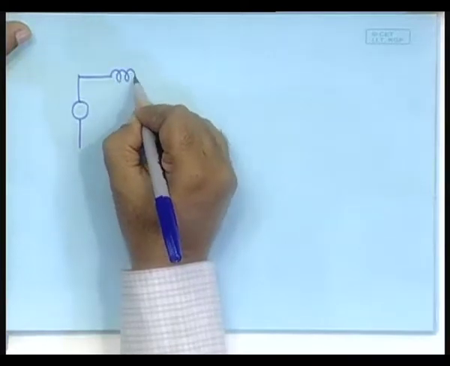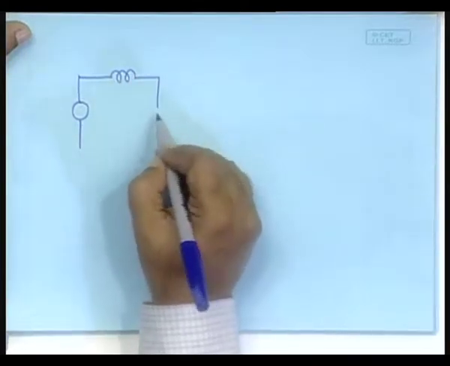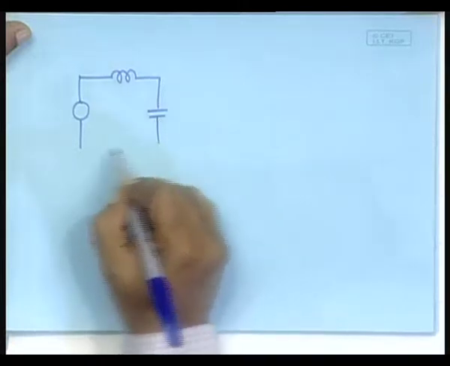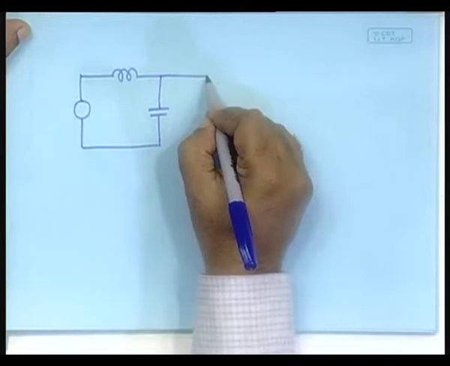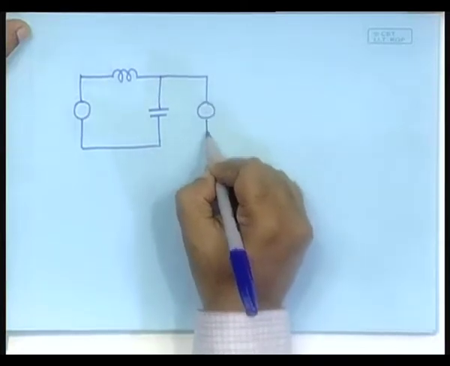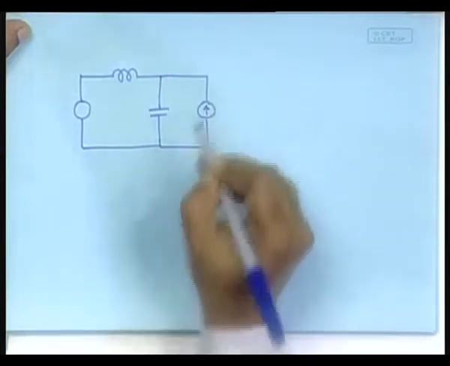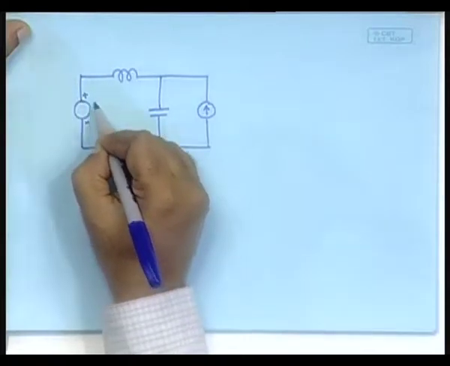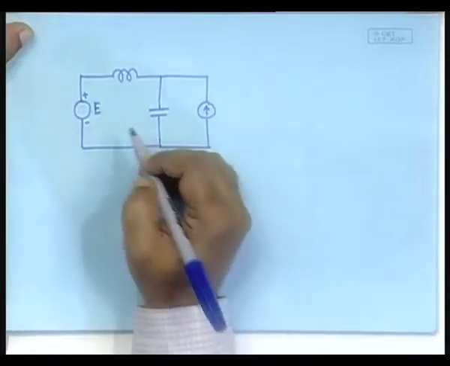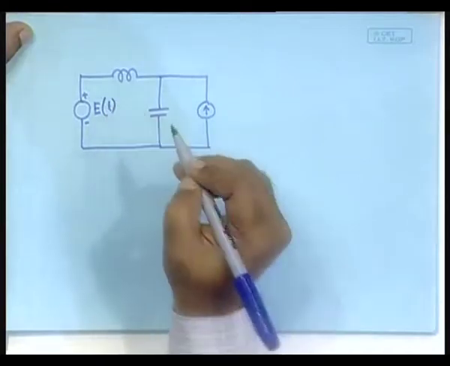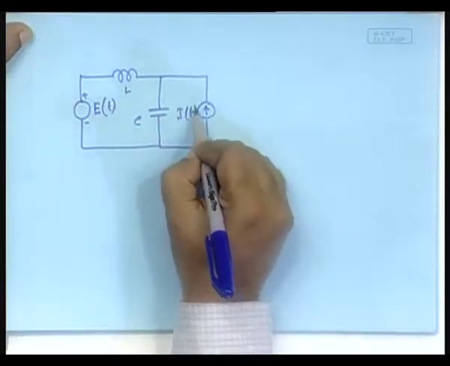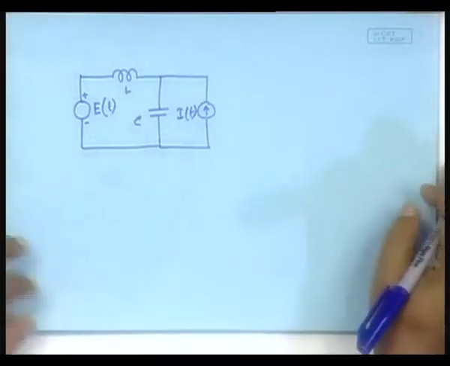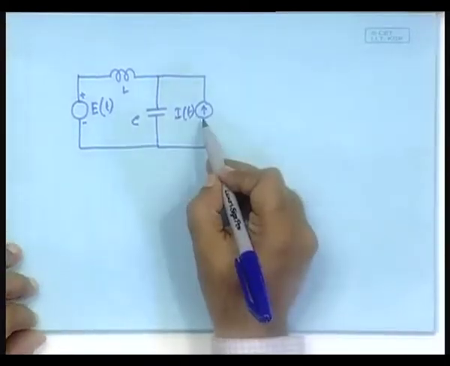First it is inductor, then we have a capacitor, and then we have, say, a source of flow. This is E of t, L, C, this is I of t. This is a source of flow.